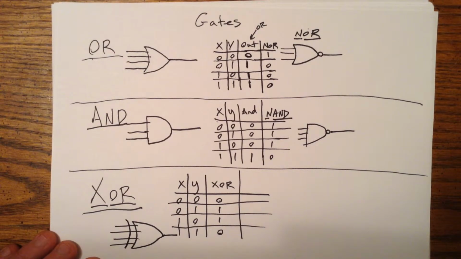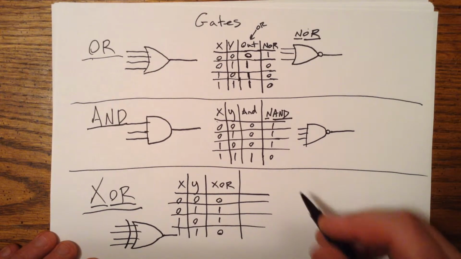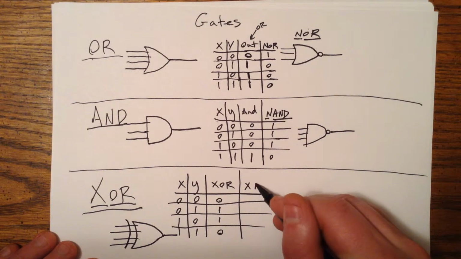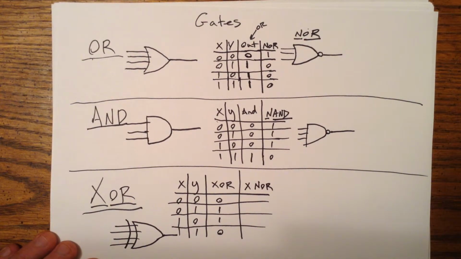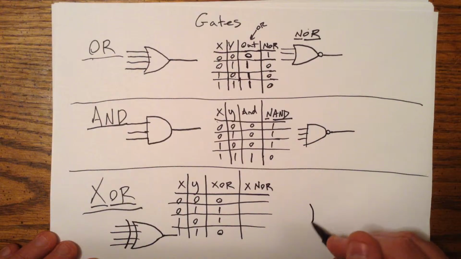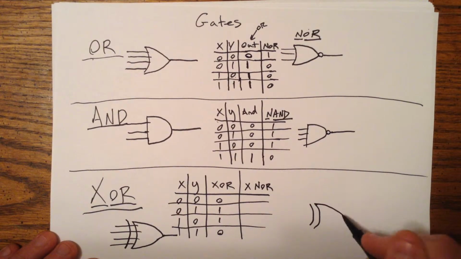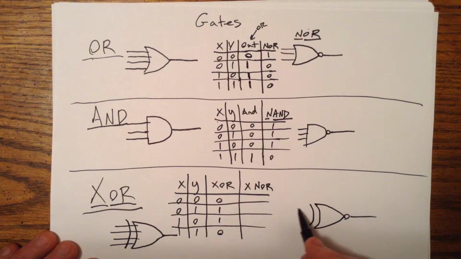Now, the converse of an exclusive OR gate, or an XOR gate, is an XNOR gate. That's right, XNOR. So, we can all guess what the symbol for an XNOR gate is. Right? Just a little bubble right there.